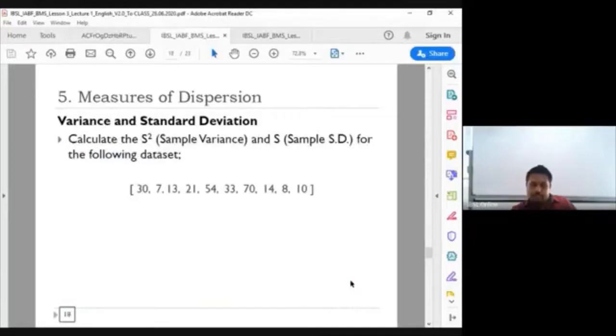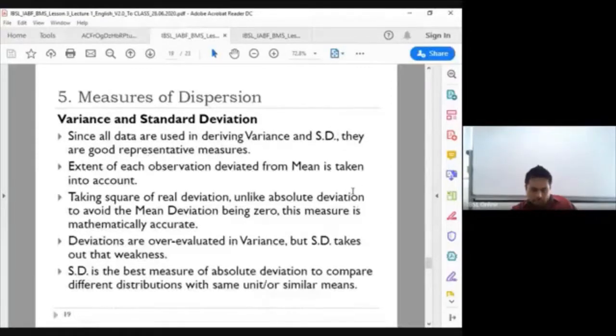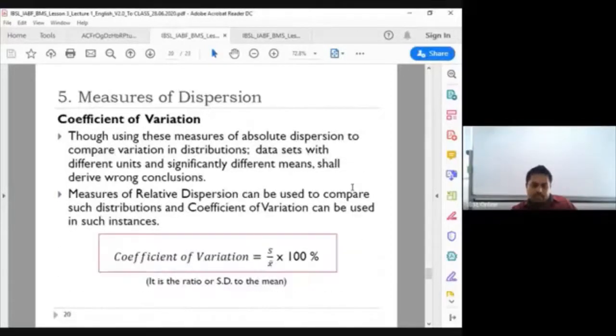That's an important point. I think we discussed, for this given data set, the calculated values of sample variance and sample standard deviation last week. We identified the characteristics, advantages, disadvantages of these measures.